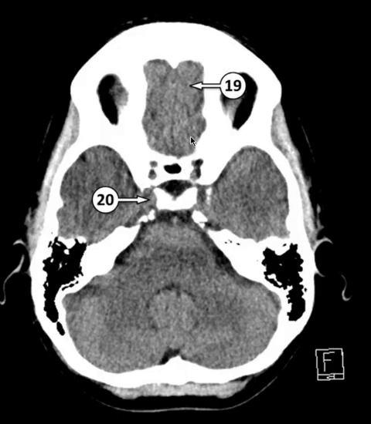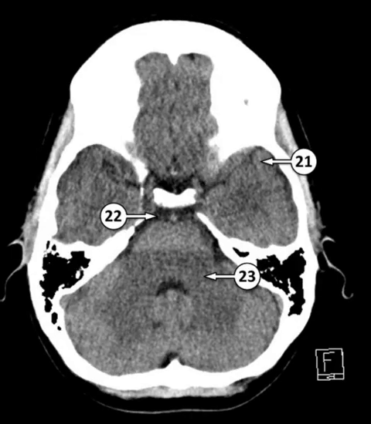And 20 is the cavernous portion of the internal carotid artery. 21 is the left temporal pole. 22, this dark space is the prepontine cistern, meaning it's a space in front of the pons, because this is the pons. 23 is the middle cerebellar peduncle.